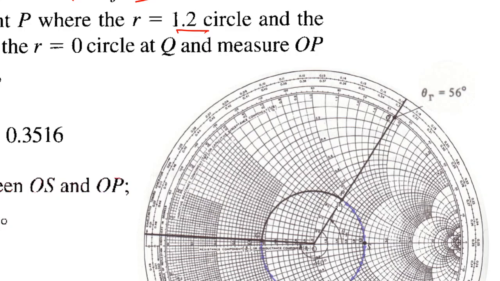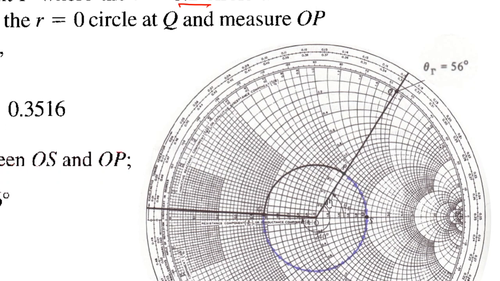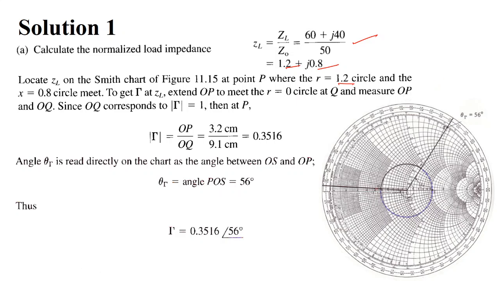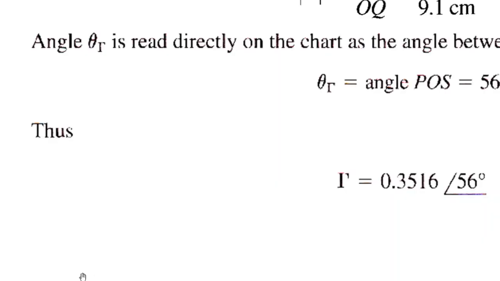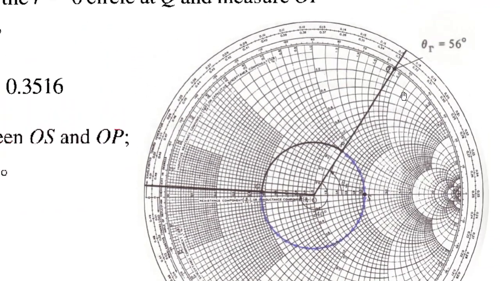So finally, the point is the intersection of these two, they have found P. So this is the gamma L for this load. And they extend here, then they read this total angle. This is the angle here. They have read this one, and this is the magnitude.